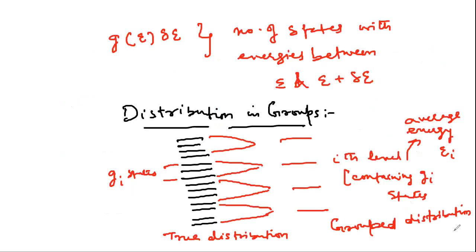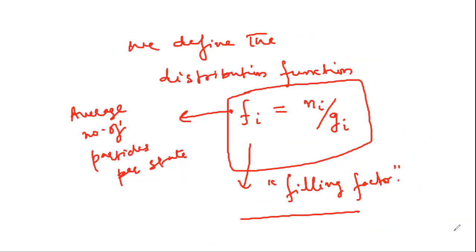We group the states because the number of states is very numerous. But you have to remember that in the ith level containing Gi states, we are taking all to have the same energy epsilon i. It makes our calculations convenient and easy. Then we define the distribution function or filling factor as the average number of particles per state, which is Ni by Gi, where Ni is the number of particles in Gi states.